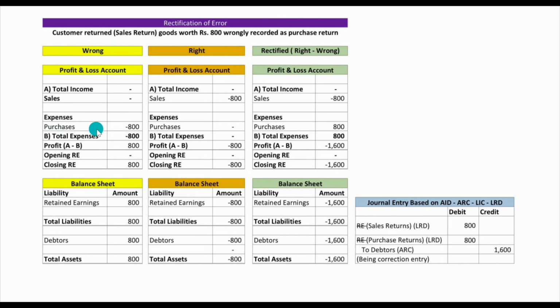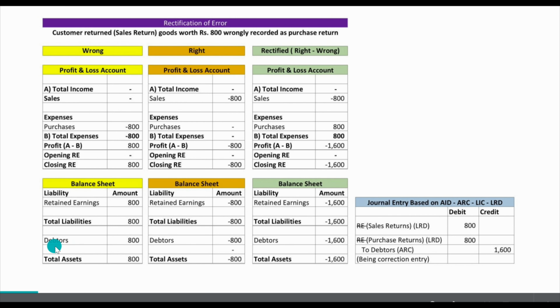So in purchases, we will write minus 800, which is equivalent to income. Therefore, profit is 800, which will be carried to the balance sheet liability side as retained earning 800. So total liability is 800. At the same time, debtors we will write 800. So total asset 800.